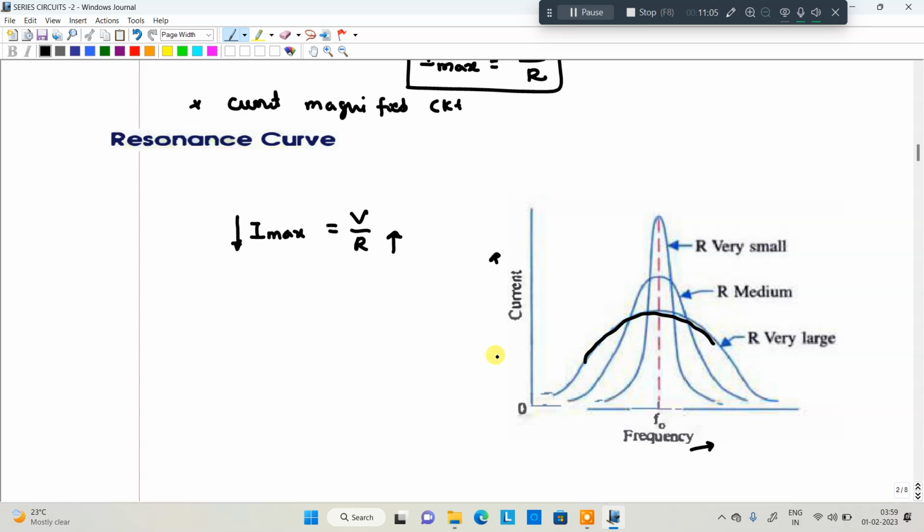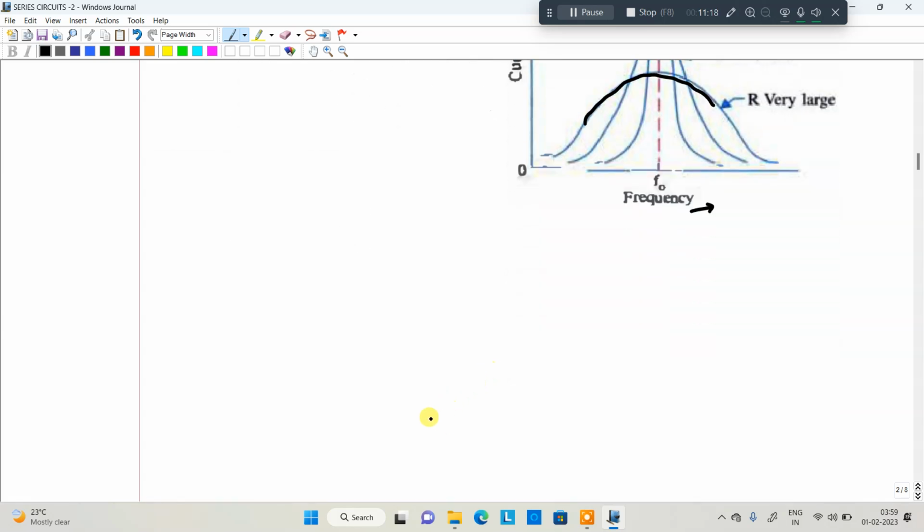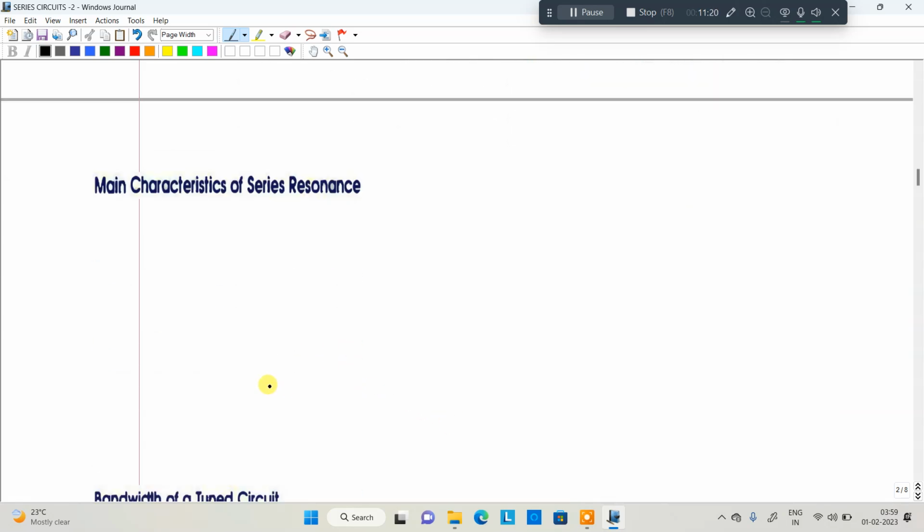In the examination, there is a chance that you will be asked: the sharpness of the curve increases, our resonance curve is very sharp, when our resistance values are very small. Next we are moving to the characteristics of the series resonance circuit. Just now I gave the characteristics one by one; we will recall them.